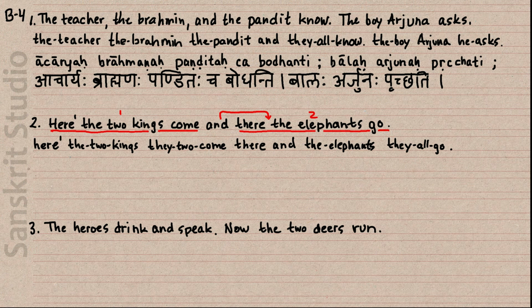Alright, so here alternative 1 there, it's the alternative we learned first, which is atra, and the two kings. So one king is nripaha, but two kings is nripau. And then they two come, so we need agacchati, but we need it in the dual variant. Agacchataha.